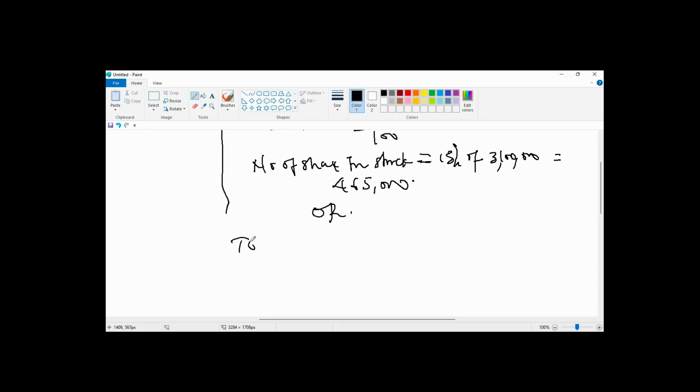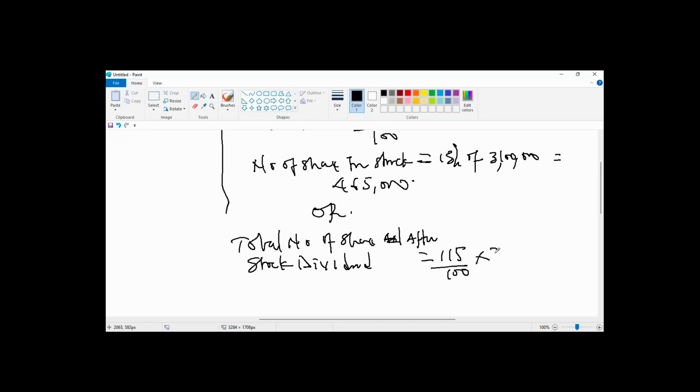Or what is the total number of shares after stock dividends? It is equal to 115 over 100 times this, which will give you the same thing.